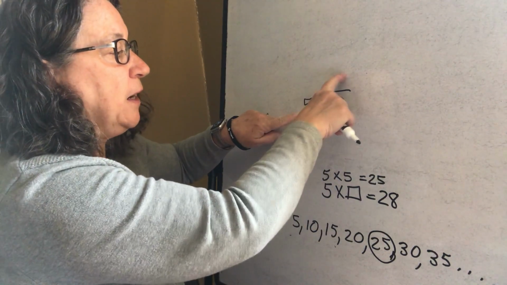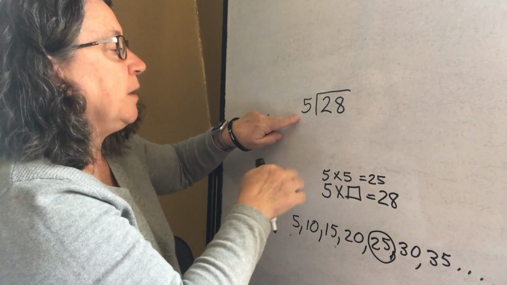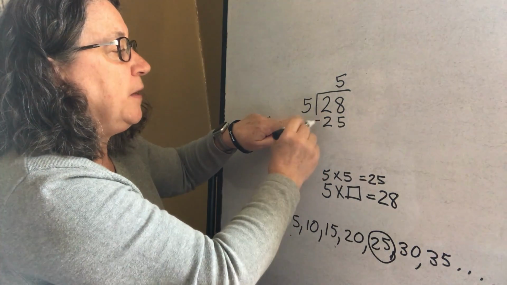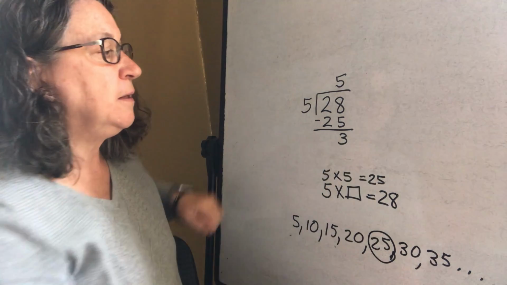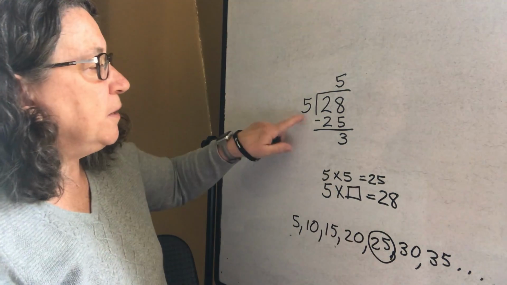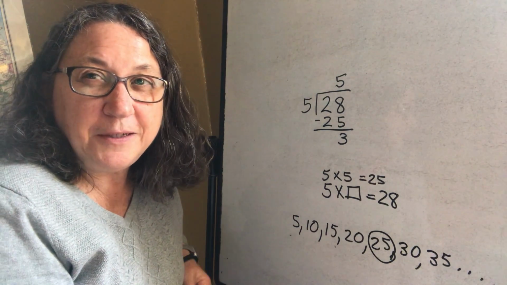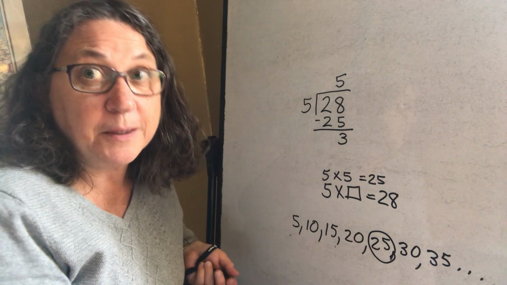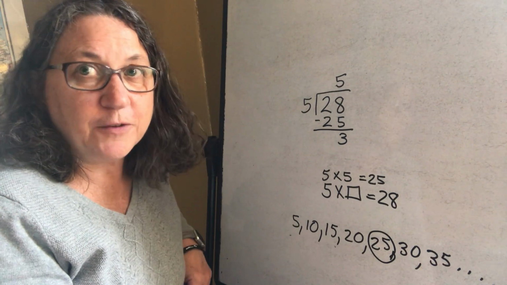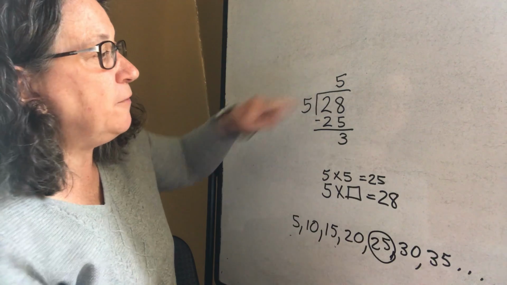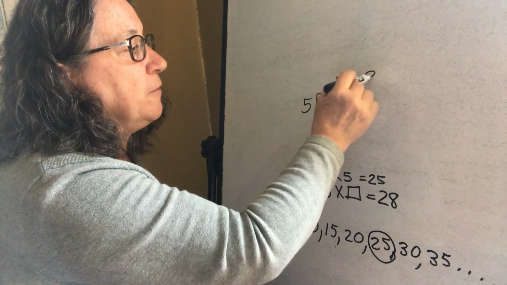And then I will subtract and see, can I make another group of 5? Nope. There would be 3 people that would have to either make the teams bigger in some cases or be substitutes or not get to play that first game. So if I have 28 people on 5 teams, there'll be 5 on each, and there'll be 3 leftover people.